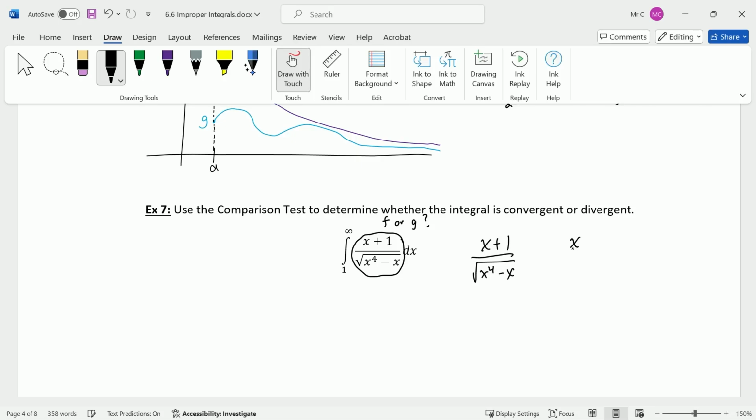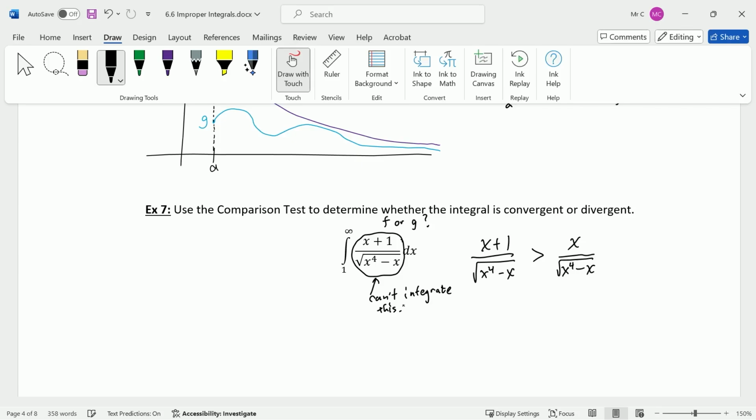So if I just compared this to x over the square root of x to the fourth minus x, my numerator is smaller, and so the whole thing is smaller. x over the square root of x to the fourth minus x is smaller than x plus 1 over the square root of x to the fourth minus x. And what's my goal here? My goal is to find a function that's easy to integrate. I can't integrate this. If I could integrate it, I just would.